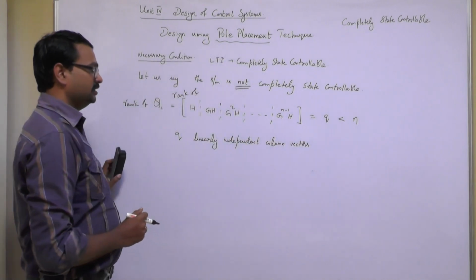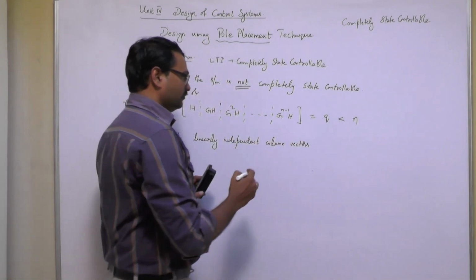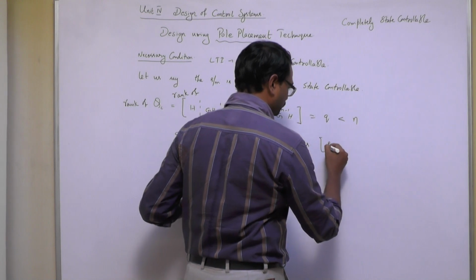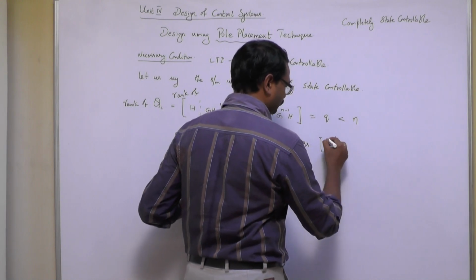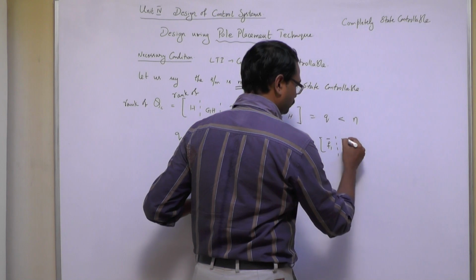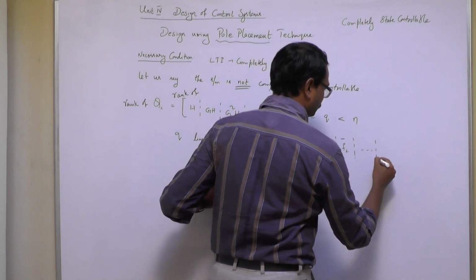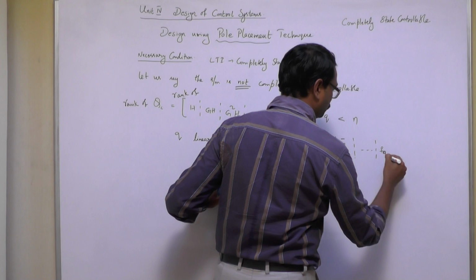I will consider them to be F1 bar, F2 bar, up to Fq bar.